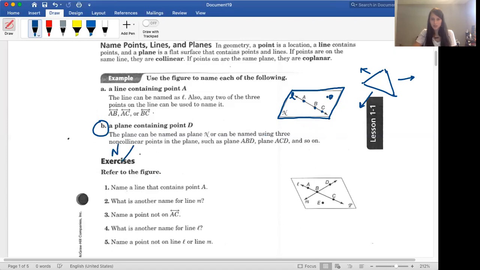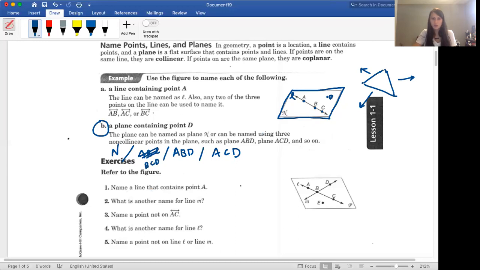I could name it ABC, or ABD, or ACD, right? Actually it's not going to be ABC, because ABC makes a line, so that's not going to be included there. Maybe I could say BCD.